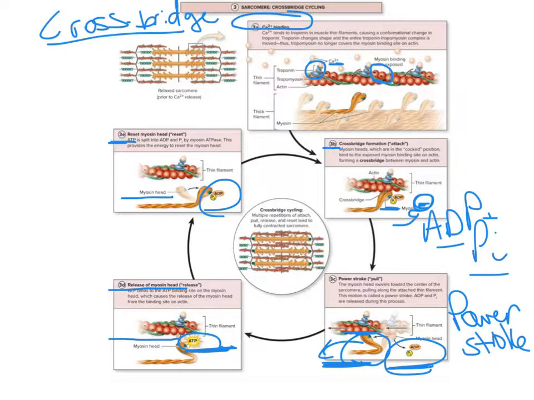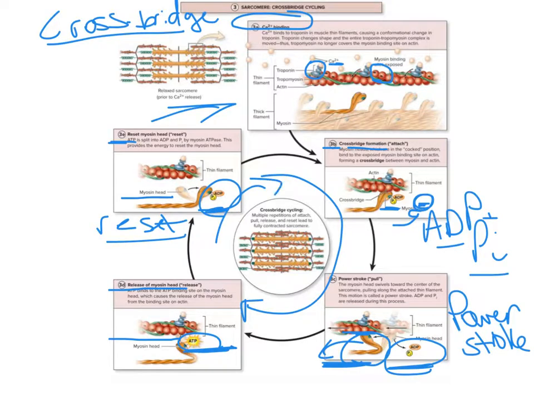When it does that, the energy that was in ATP is used to recock or reset that myosin head so that it is all prepared to bind again and form a cross bridge. And this just keeps cycling. As long as there's calcium present, this will keep cycling unless the muscle reaches fatigue. But in general, if calcium's present, then you continue to have this cross bridge formation occurring.